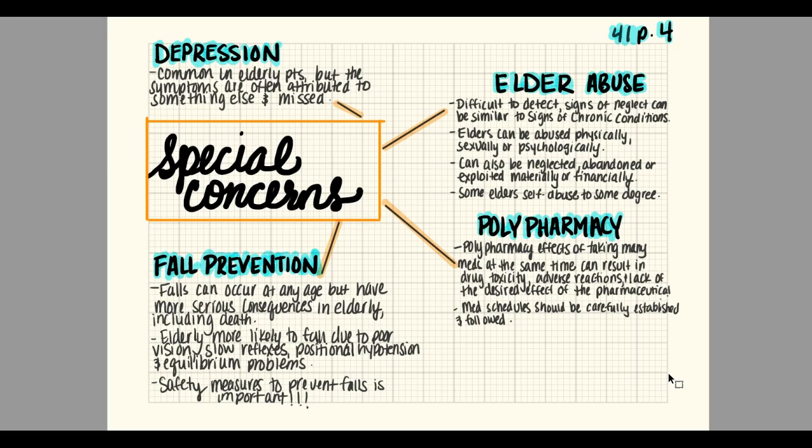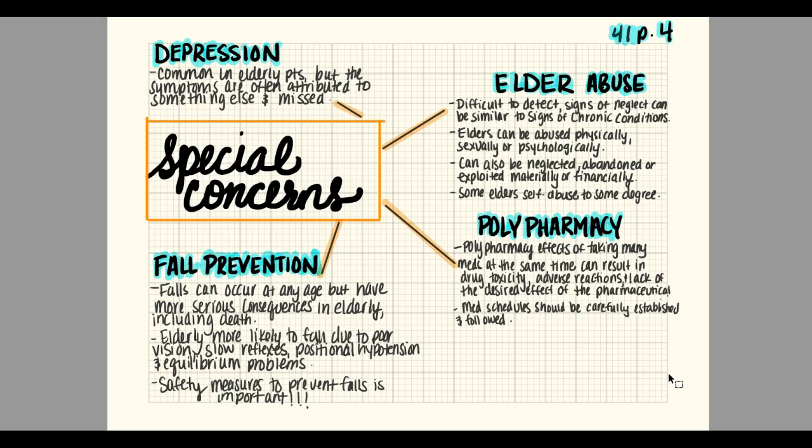And then last but not least in this lecture, we talk about polypharmacy. Those are the effects of taking many medications at the same time, and that can result in drug toxicity, adverse reactions, and lack of the desired effect of the pharmaceutical. So when you take a whole bunch of meds at the same time, the chemicals from the medications can build up.